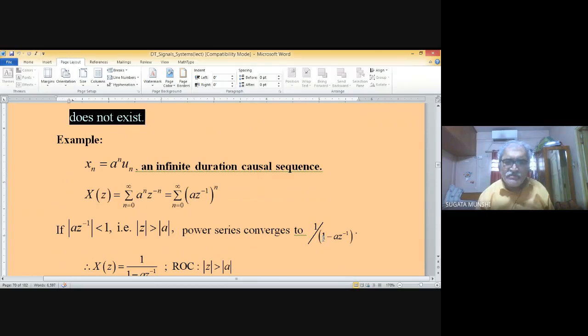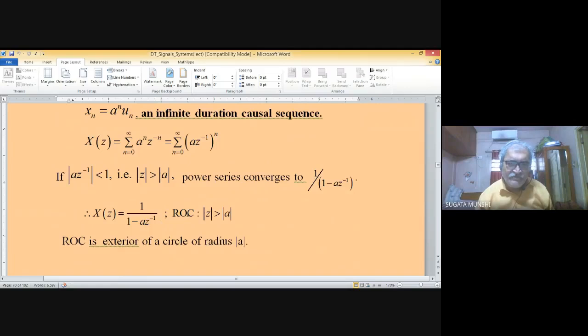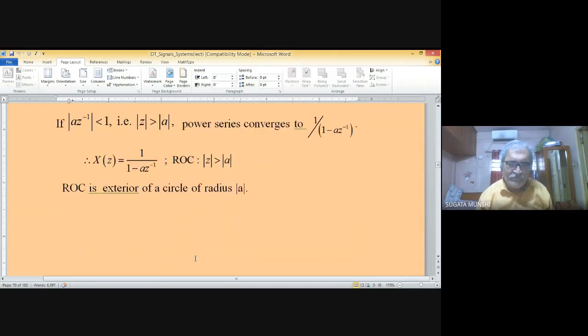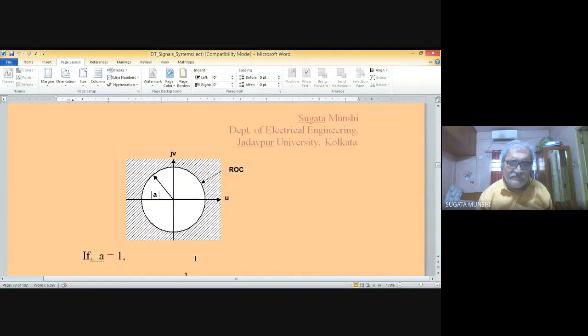That means in the outside of a circle centered at origin in the Z plane having a radius equal to magnitude of a. Exterior of a circle of radius magnitude of a is obviously centered at origin in the Z plane. Now, this is the ROC.